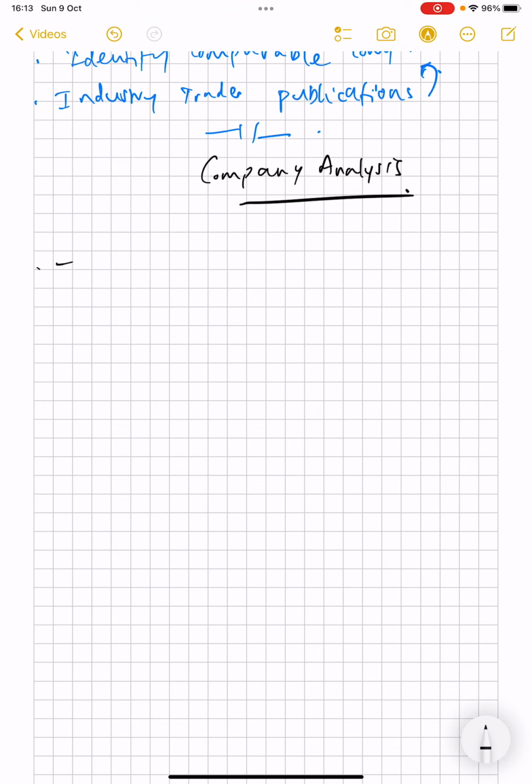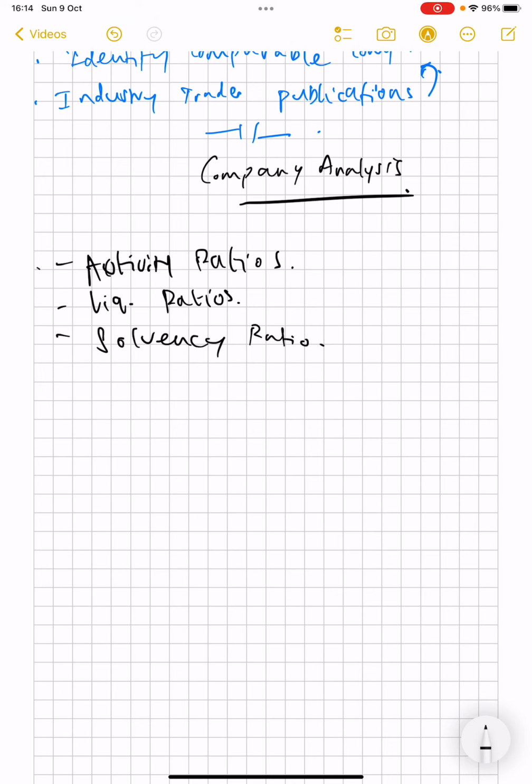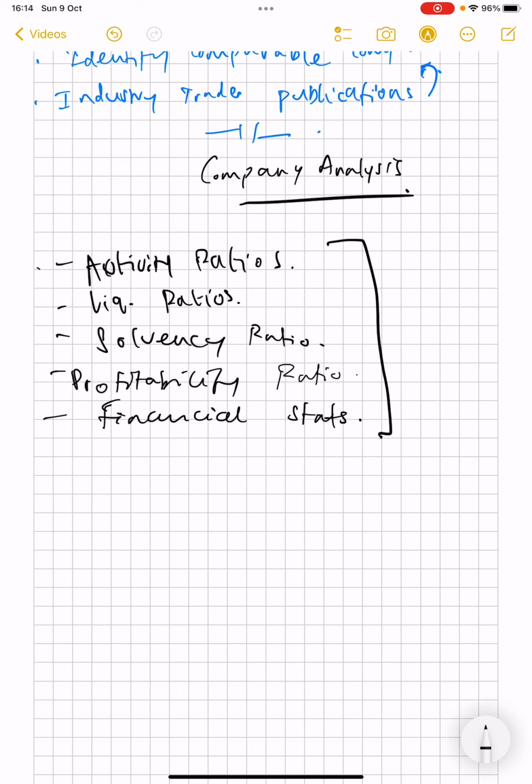What I mean by an individual review is you're going to look at the activity ratios, the liquidity ratios, the solvency ratio, profitability ratio, and look at some financial stats for related consideration. All these you need to know how to interpret.